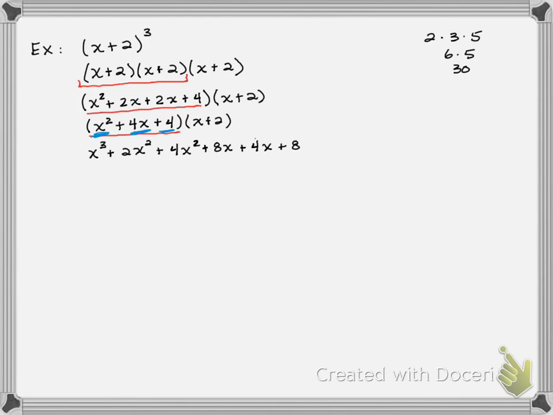Before you combine like terms. After you combine like terms, you're putting stuff together, which we'll do now. So x to the third plus 6x squared plus 12x plus 8. So anytime you're multiplying 3 factors, the key is to just multiply 2 of them, keep the result in parentheses, and then multiply by the third.